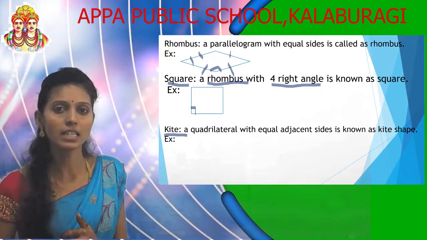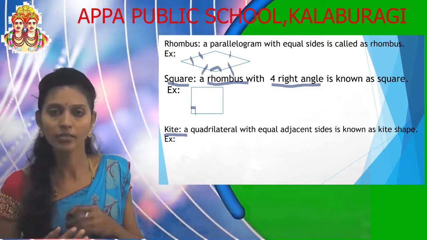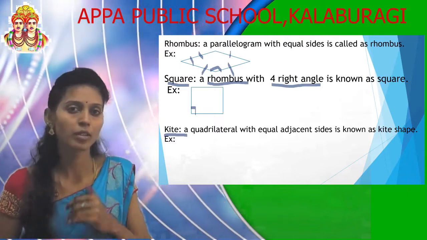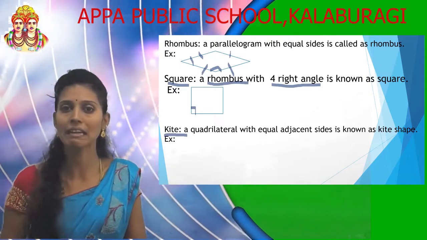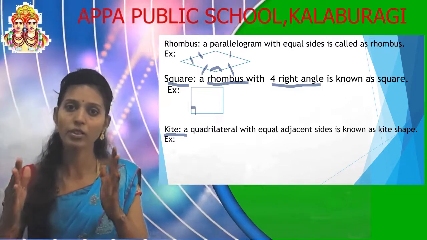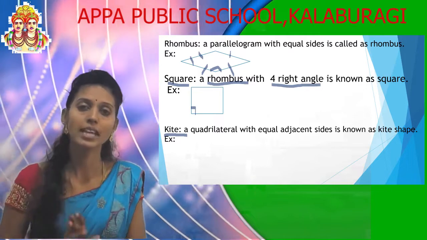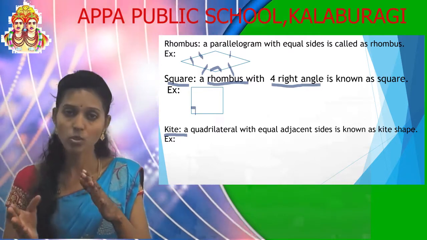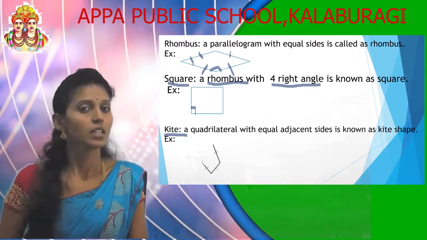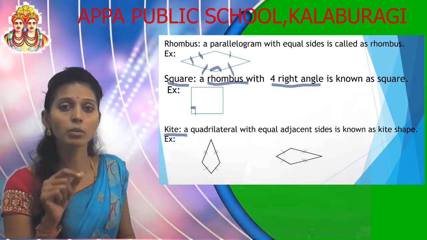Till now we studied parallel lines. We had one pair of parallel lines for trapezium, two pairs of parallel lines for parallelogram, the same parallelogram with right angles, rectangle, the same parallelogram with equal sides, rhombus, the same rhombus with right angles, square. Then in kite, we are not going to deal with parallel lines.